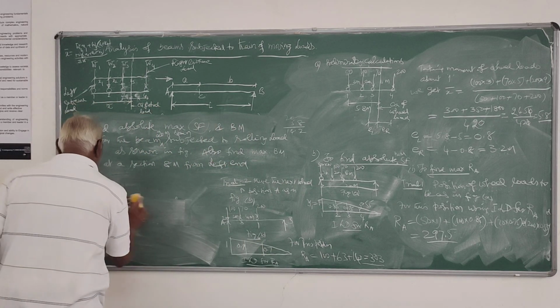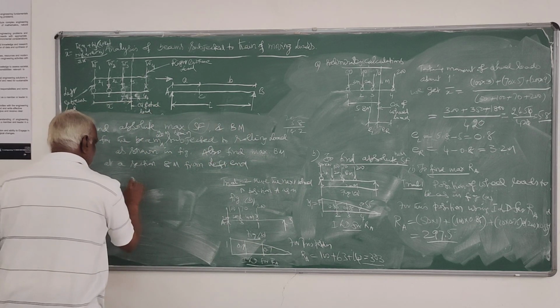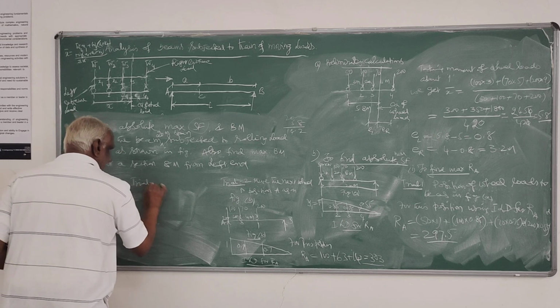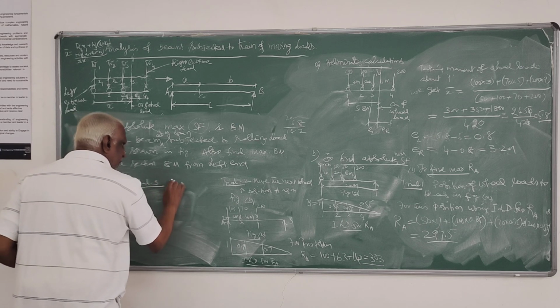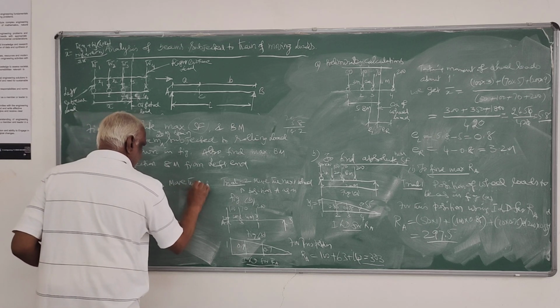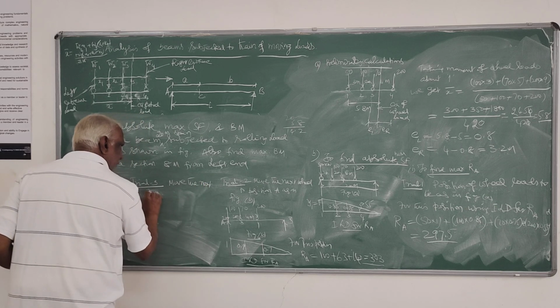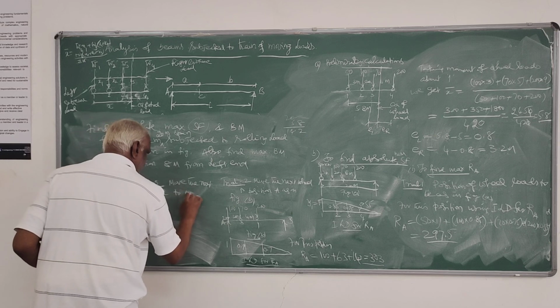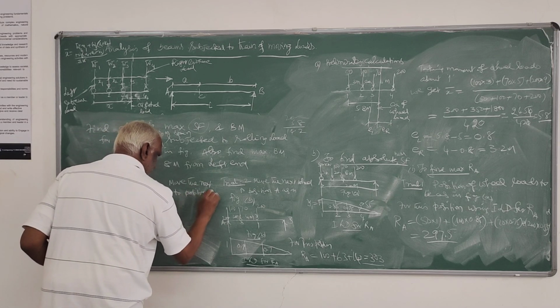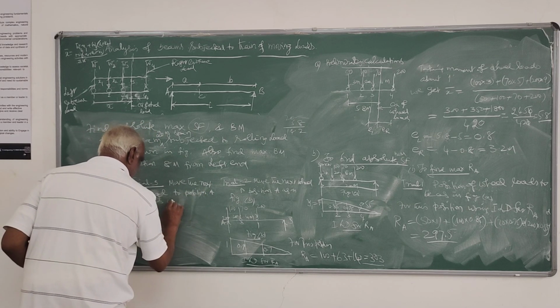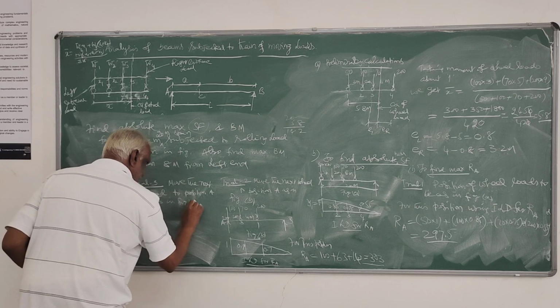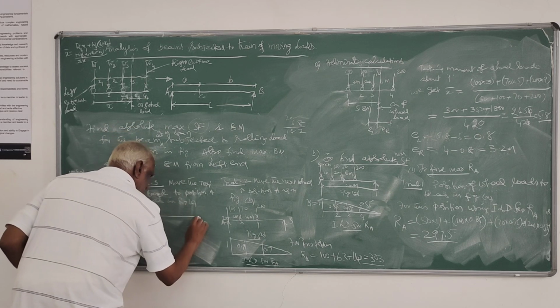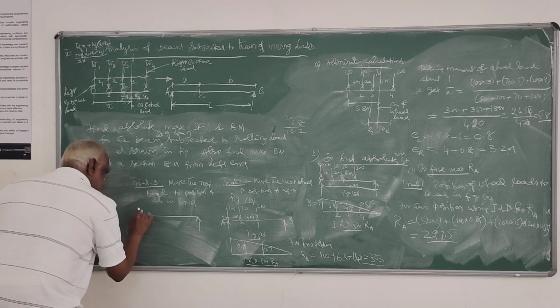Then next trial 3. So move the next load to position A, as in figure C. Each time you better draw a sketch.